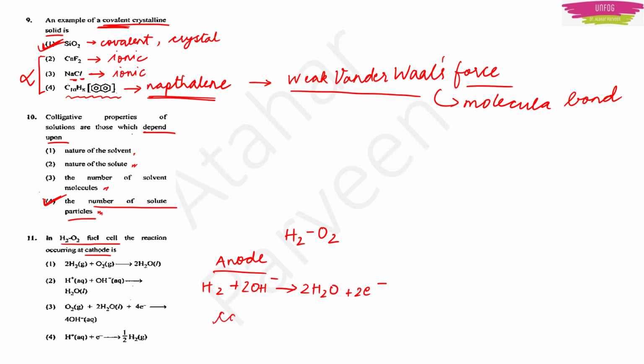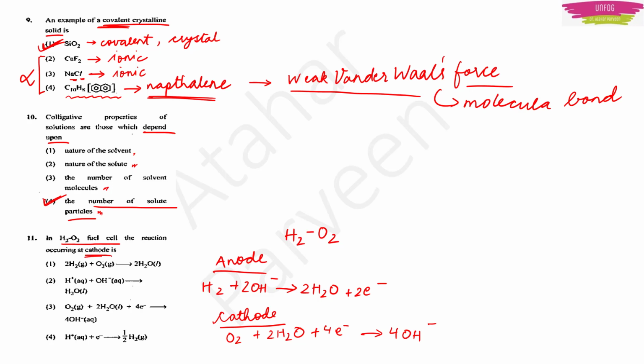And the reaction occurring at the cathode can be written as O2 plus 2H2O plus 4 electrons gives 4OH minus.